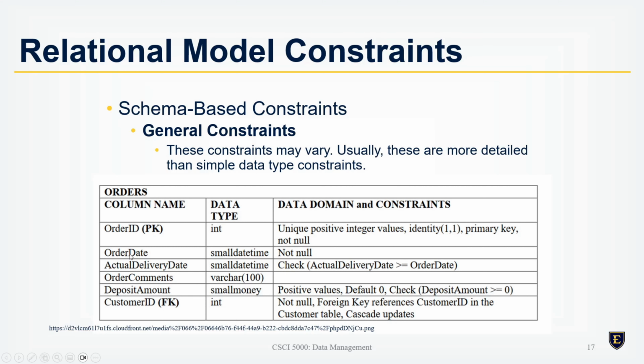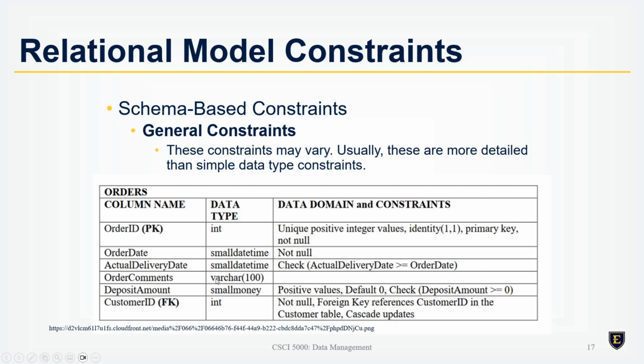The order date is a small date time, so that means that it's probably just the month, day, and year. And it's not null. That's another constraint, a general constraint that we put on this that says the order date must be present in the database. Actual delivery date is another small date time, but we have to check to make sure that the actual delivery date is later than the order date, which should make sense.